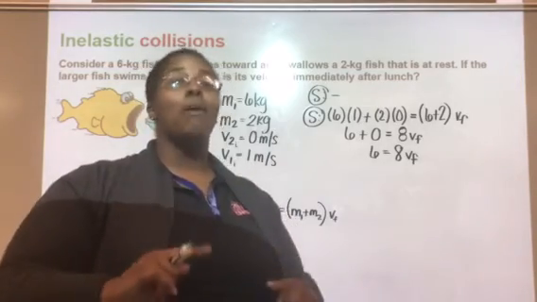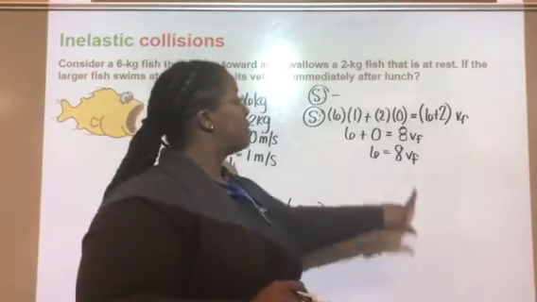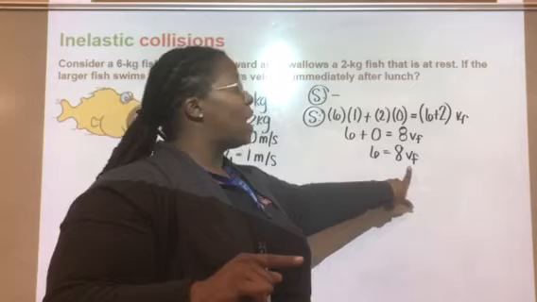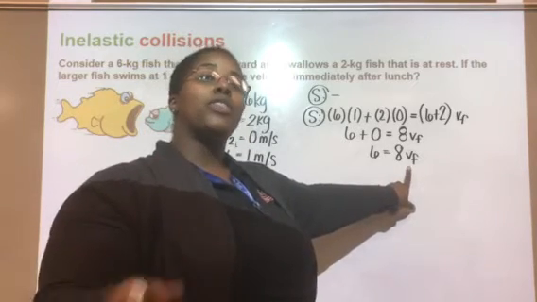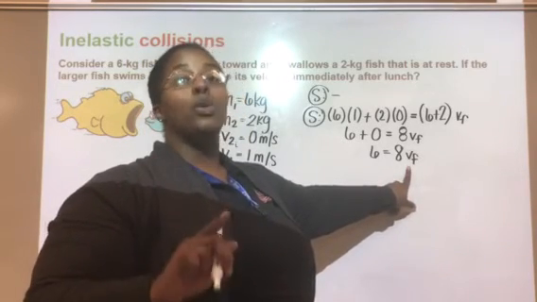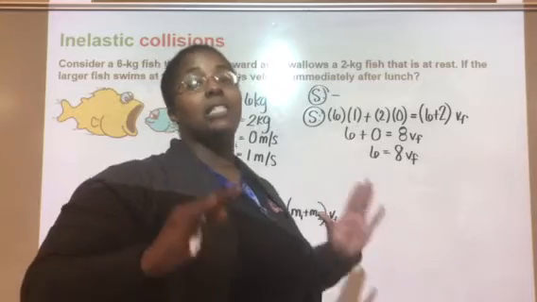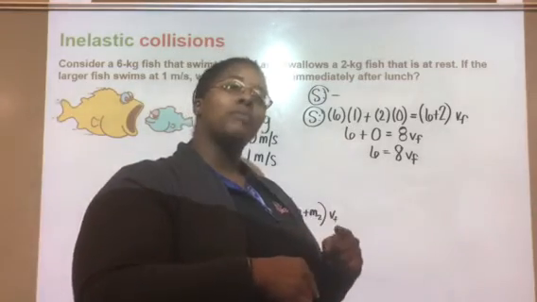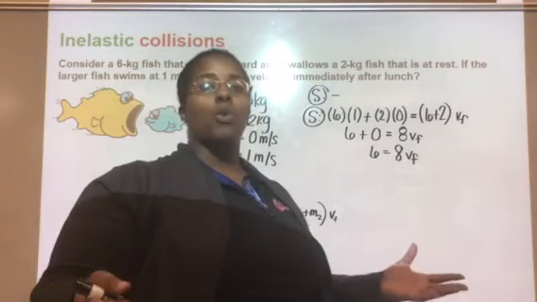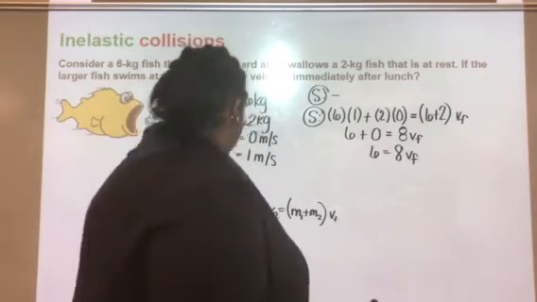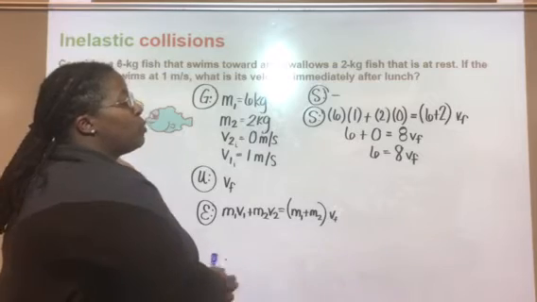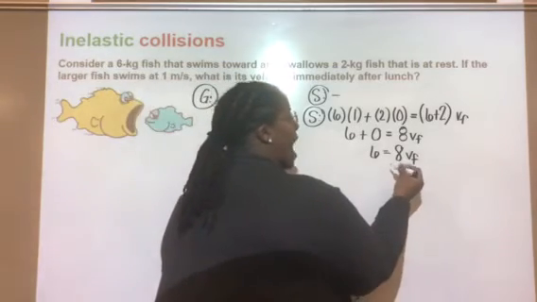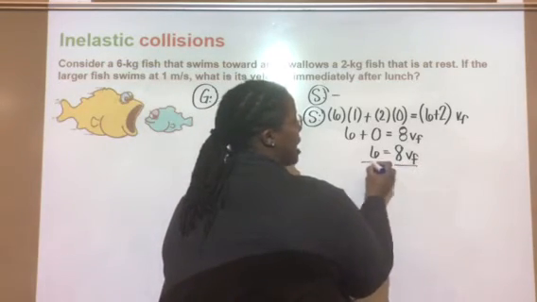Now, this is a tricky part, so pay attention. Between the 8 and the final velocity, right now they are multiplying. In order to move the 8, because the velocity has to be on the side by itself, we will do the opposite. The opposite of multiplying, of course, is to divide. Whatever we do on one side, don't forget you have to do on the opposite side.